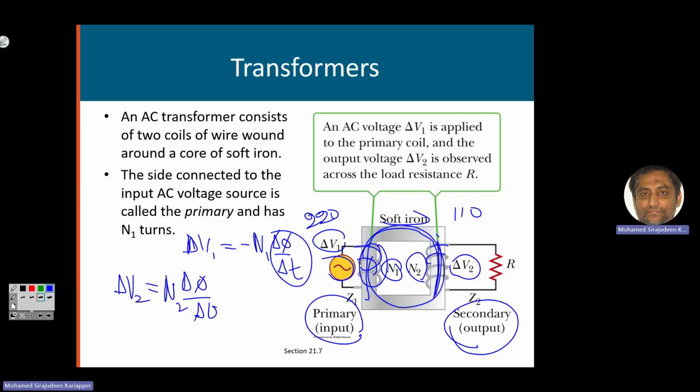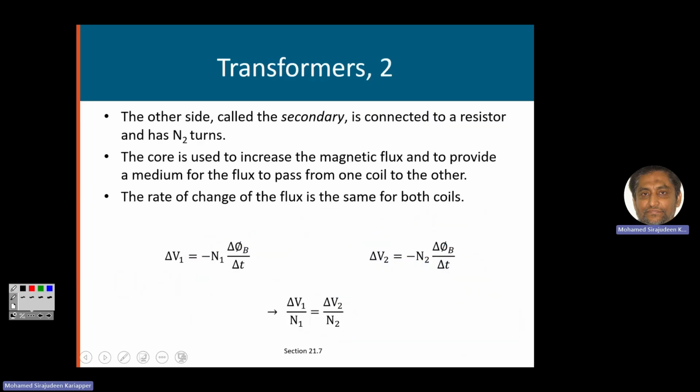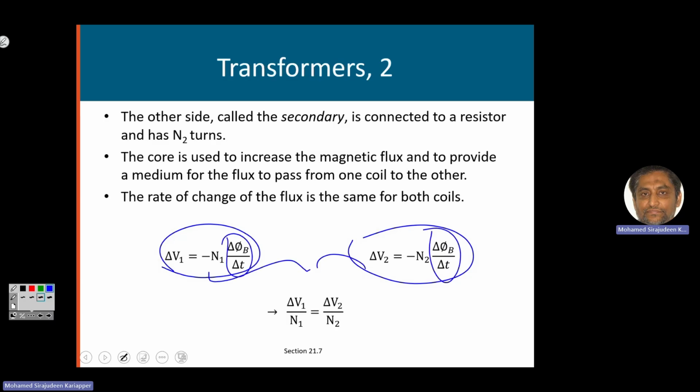So delta V1 is equal to this, delta V2 is equal to this. Let me go to the next slide. That's what I wrote there. Now this is the same in both. Combining these two equations, we get delta V1 divided by N1 is equal to delta V2 divided by N2.